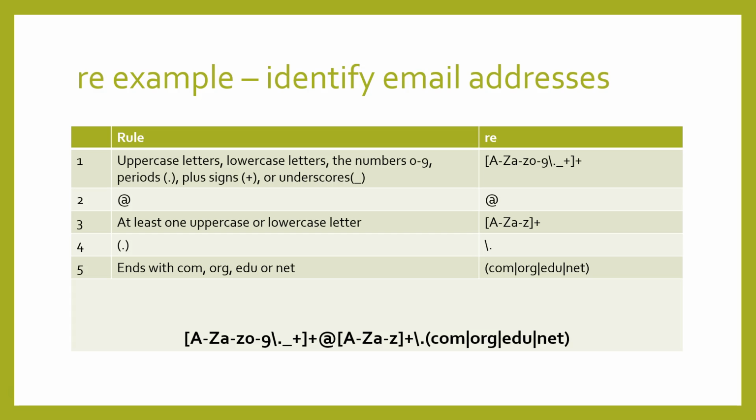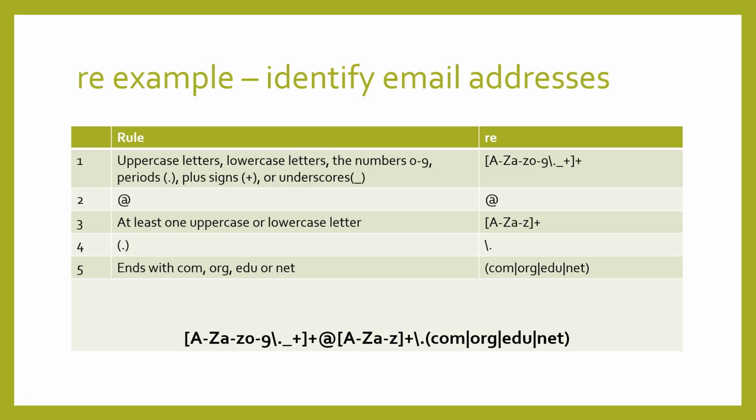One classic example of a regular expression can be found in the practice of identifying email addresses. Although the exact rules governing email addresses vary slightly from email server to email server, we can create a few general rules. In this example, there is a regular expression for each of these rules, shown in the third column.